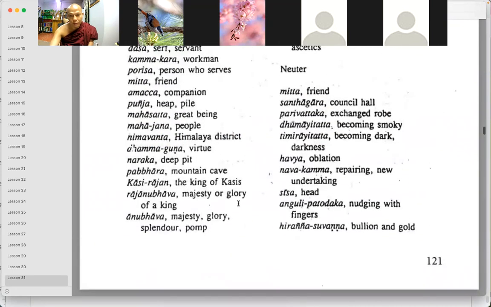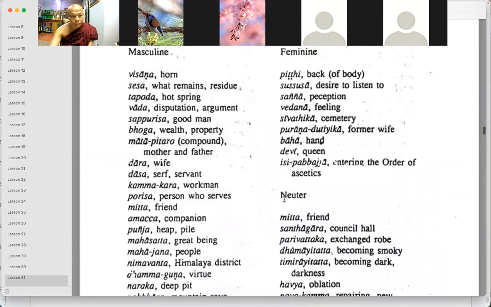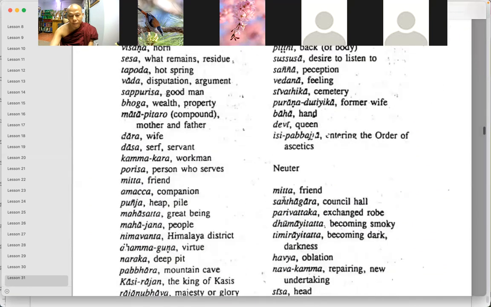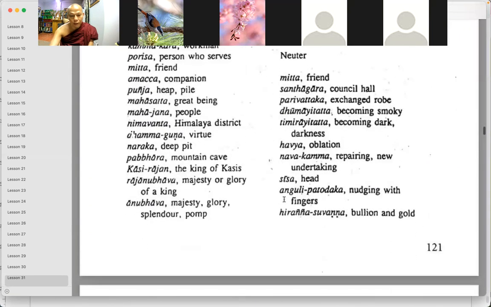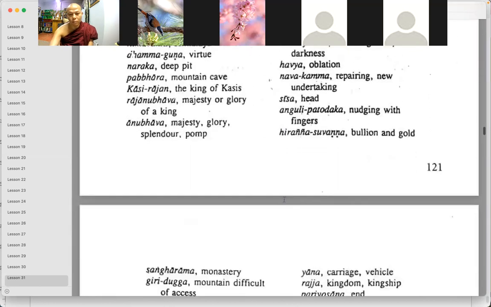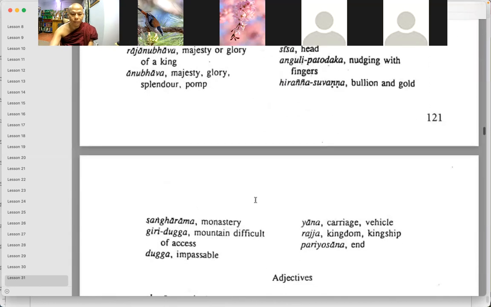Gada, what is it? Gadani. When it is used as a plural, gada means body, but when it is used, maybe the whole body.